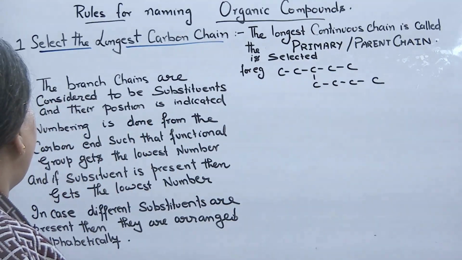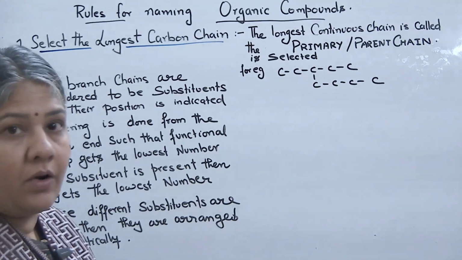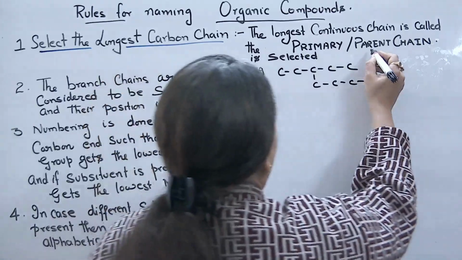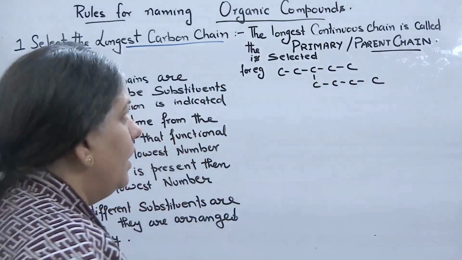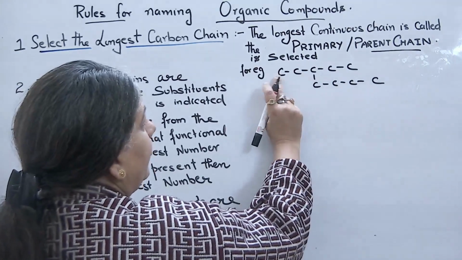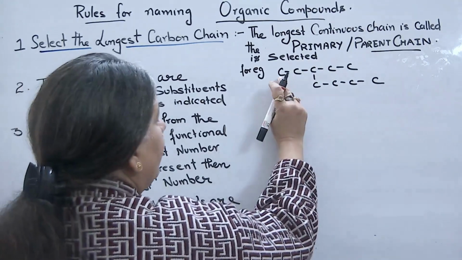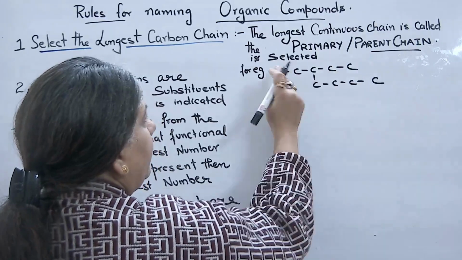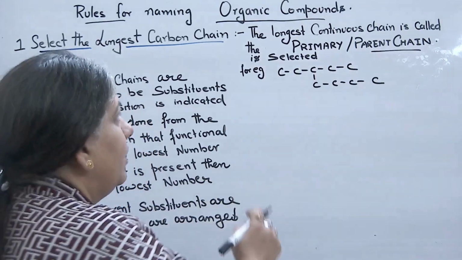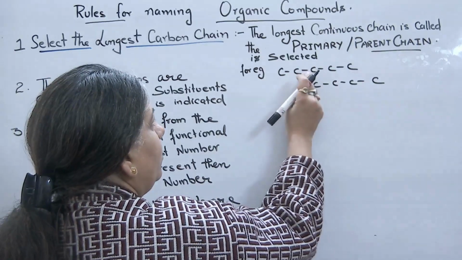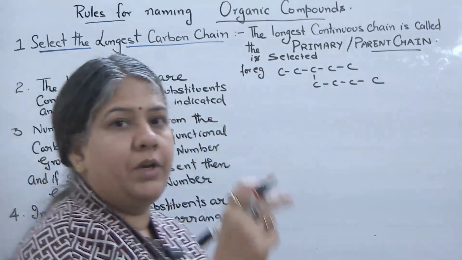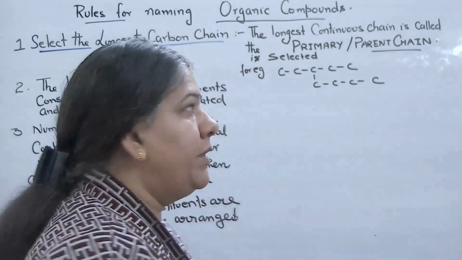See, the first rule says select the longest carbon chain. The longest carbon chain is called the parent chain or the primary chain. In this example, we can find the longest carbon chain. If we take this straight chain, 1, 2, 3, 4, 5, we get 5. But if we see 1, 2, 3, 4, 5, 6, 7, here we are getting a continuous chain of 7 carbon atoms.